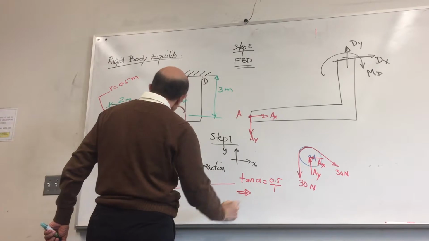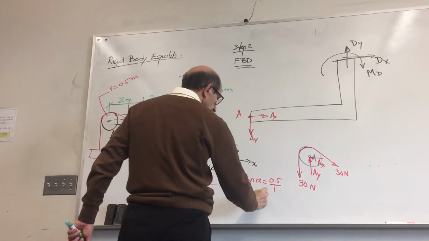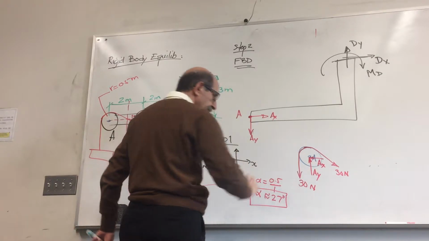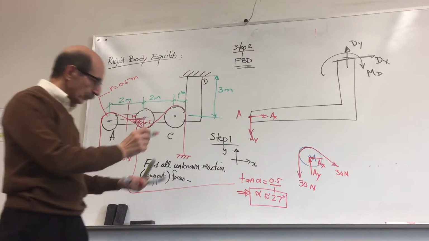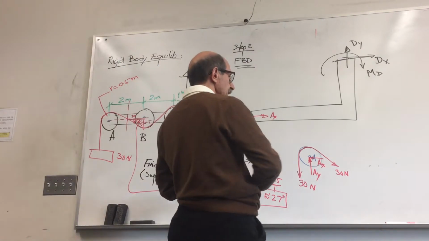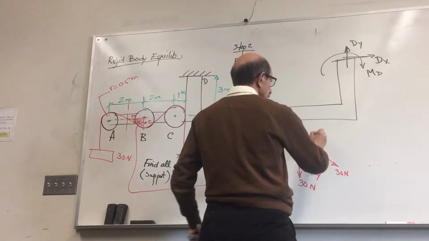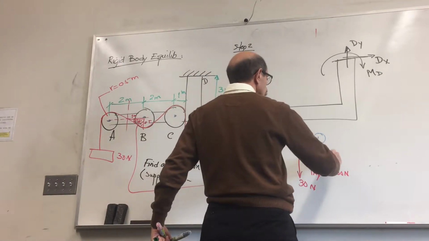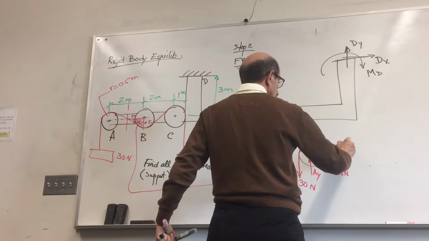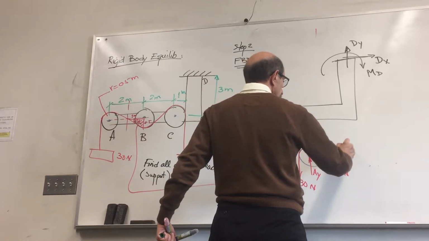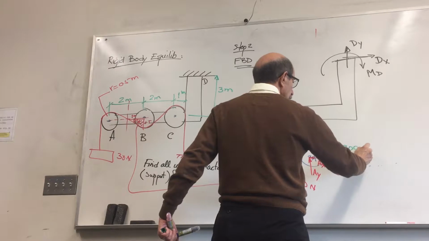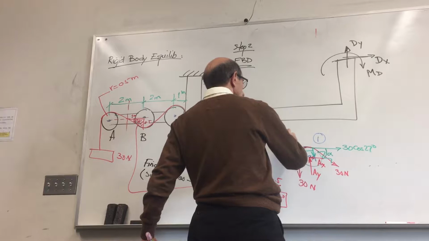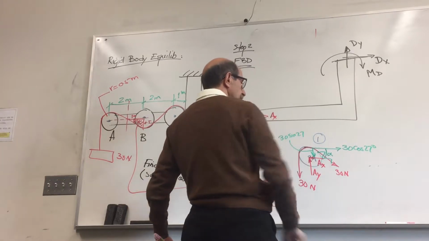That gives me alpha to be almost 27 degrees. So I can find AX and AY from the free body diagram for this pulley, or I resolve this into its components. If this is alpha, this is 30 cosine 27, and this is 30 sine 27.